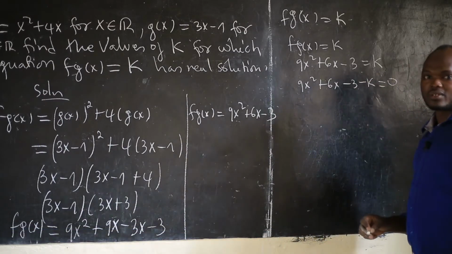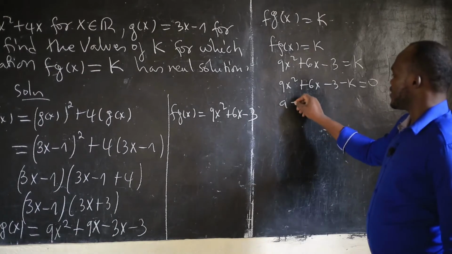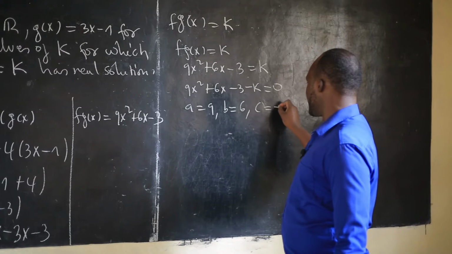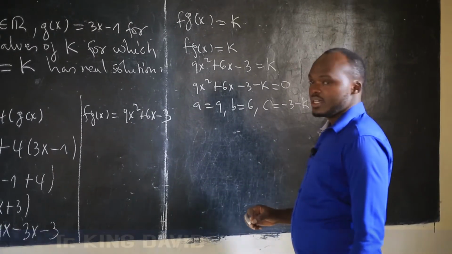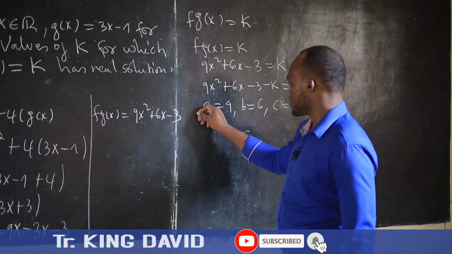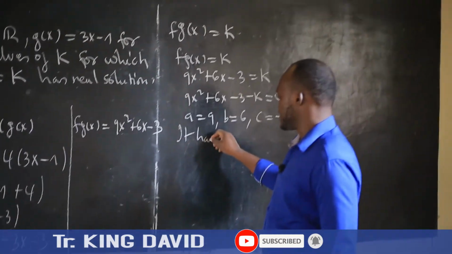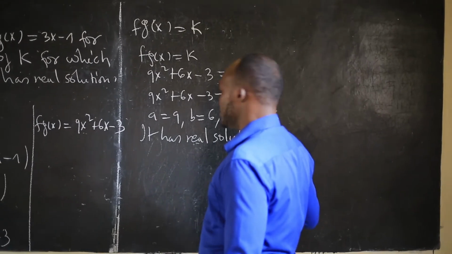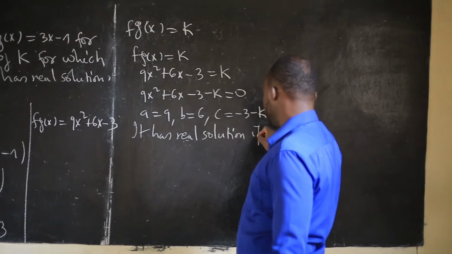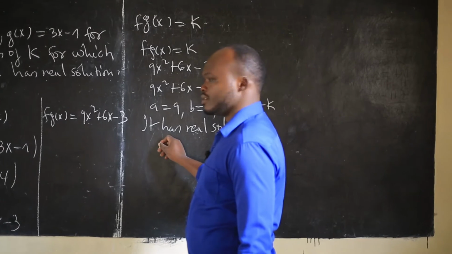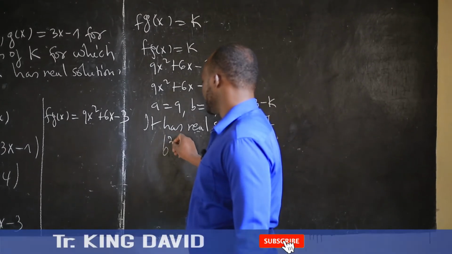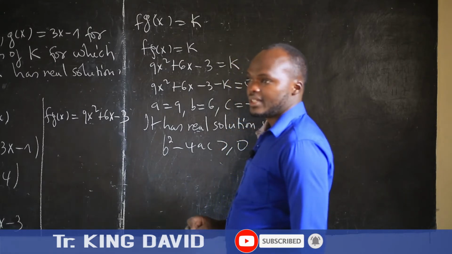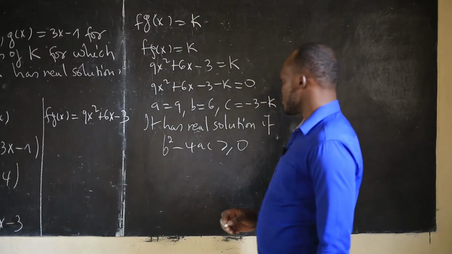You see, that is a quadratic equation with a equal to 9, b equal to 6, and c equal to negative 3 minus k. And it has a real solution if or when the discriminant, which is b squared minus 4ac, is greater than or equal to 0. That's when you have real solutions.